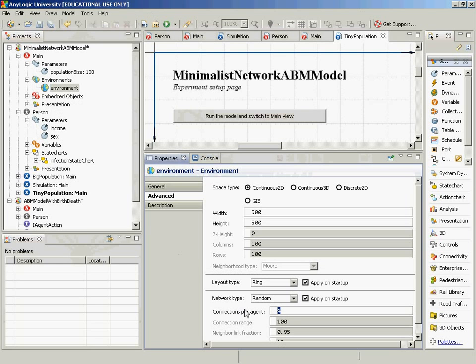So the distribution is going to be, for a given possible connection, a Bernoulli distribution, and so the whole thing is going to be binomially distributed for a person. There's going to be some number of connections.